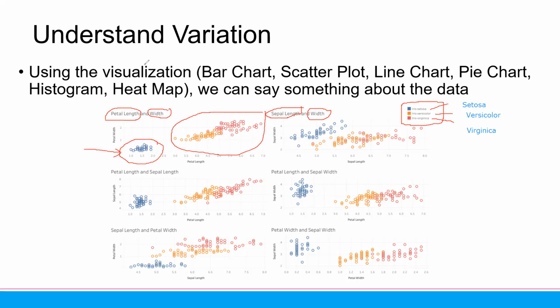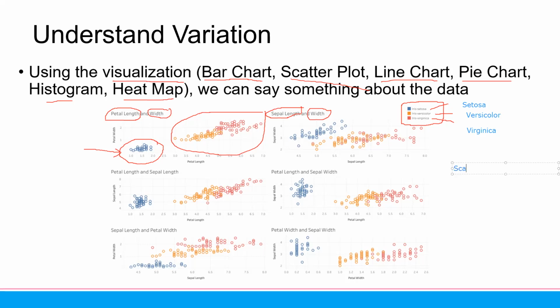Usually visualization will include many kinds of charts like bar chart, scatter plot, line chart, pie chart, histogram, heat map, and so on. We will learn them, hopefully we can finish all by today. So this is the scatter plot.